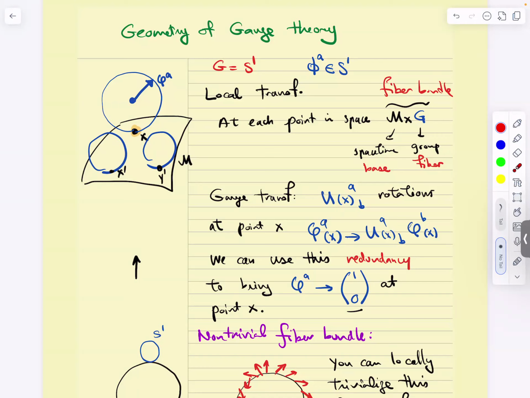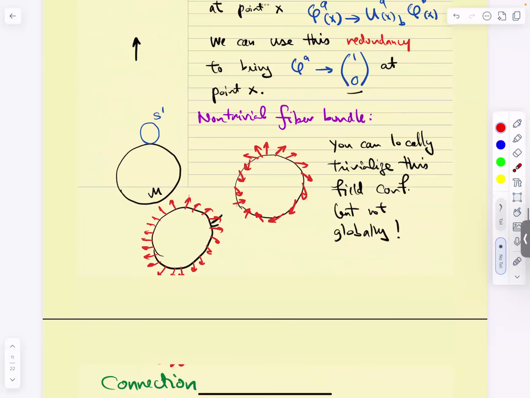A Heisenberg model that looks like, I don't know, something like this, whatever. Such a thing, I can always trivialize. However, what if it's twisted? If it does a twist, there's a topological obstruction. That section could not be made trivial.